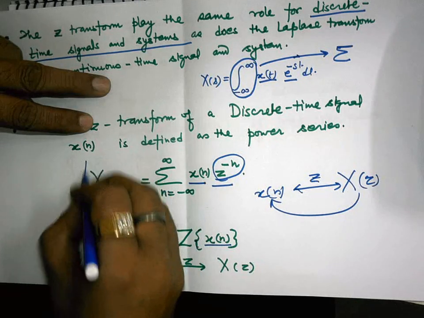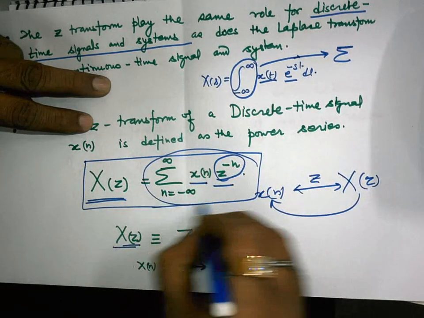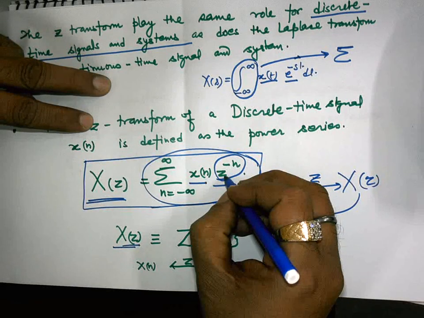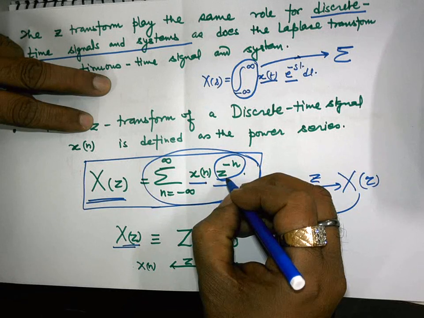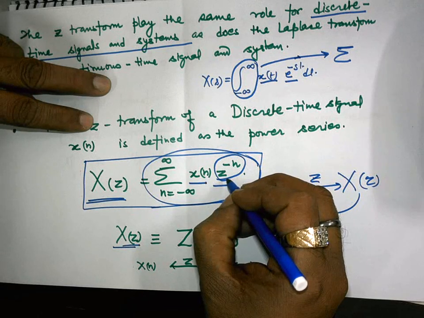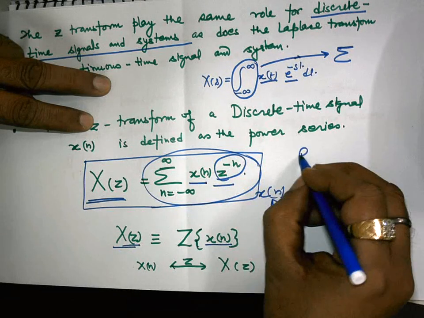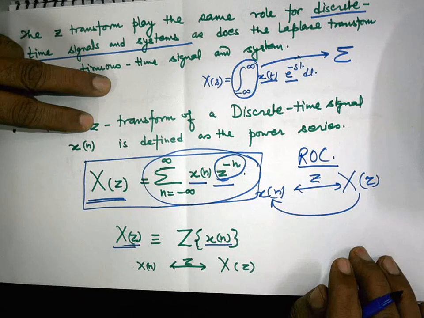Now, this z transform exists only if this power series is absolutely summable, only if it converges, and this power series converges only for certain values of z. Okay. And the value of z for which this power series converges defines the region of convergence of the z transform.